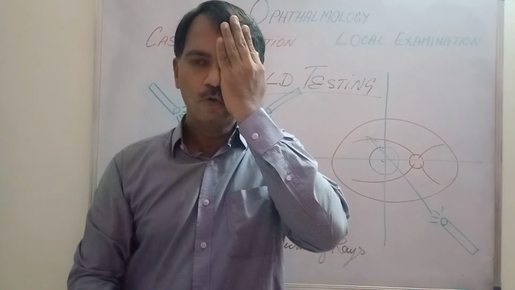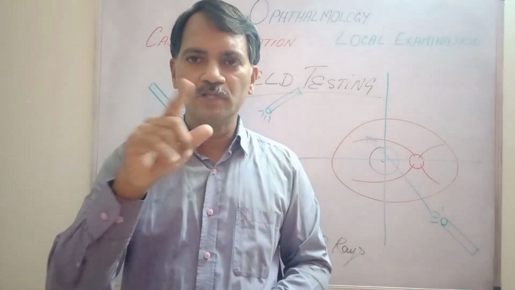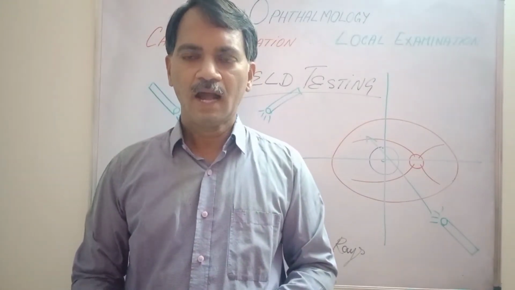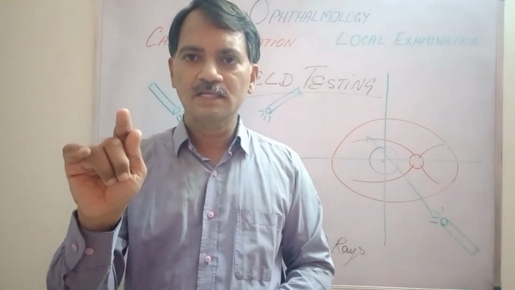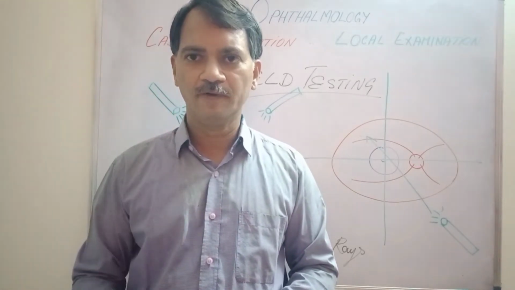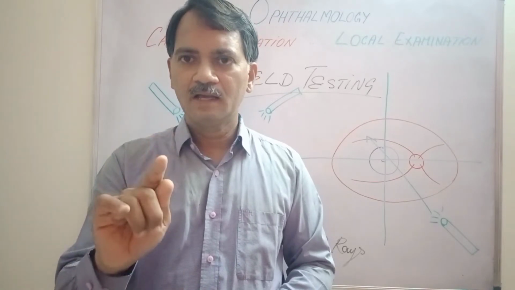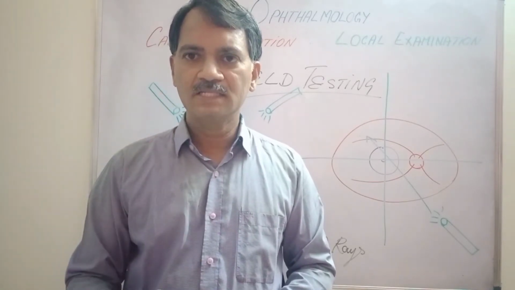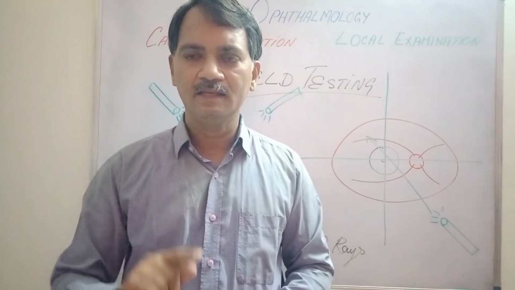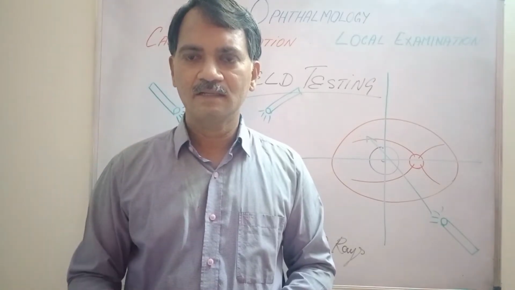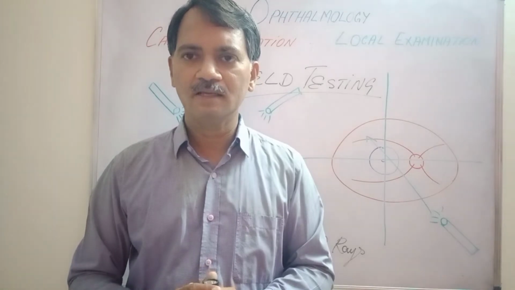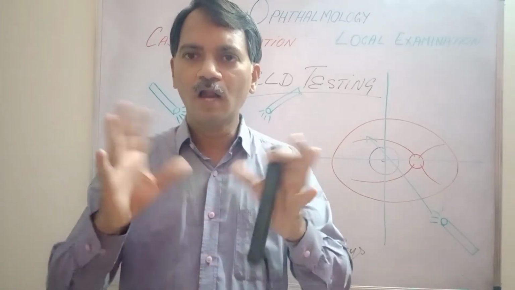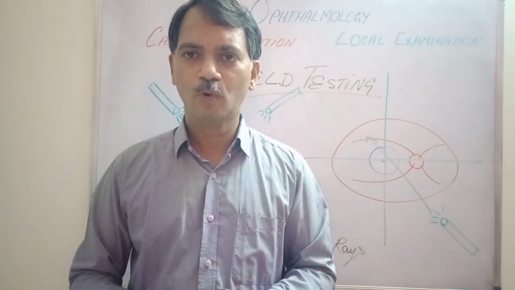This way you show the light into the patient's eye and ask the patient to point his fingers towards the source of light. If the patient points his fingers correctly in each direction, then his retina is said to be functioning normally all around. That is what we say.